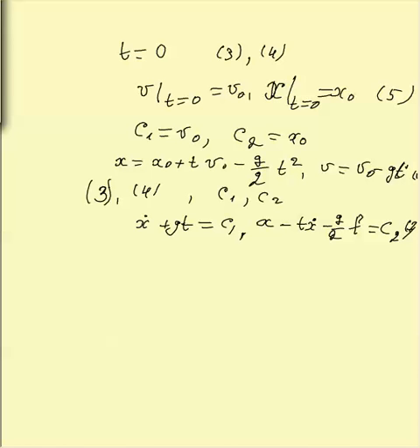Note that these are conservation laws, equation 7, because C1 and C2 are constants. So these conservation laws contain the time t.